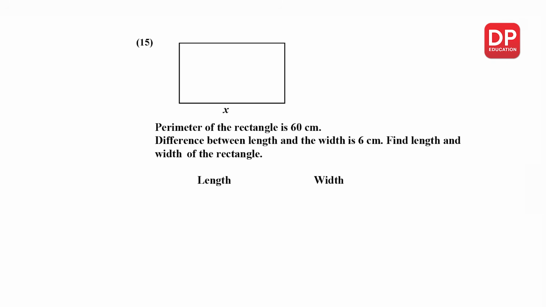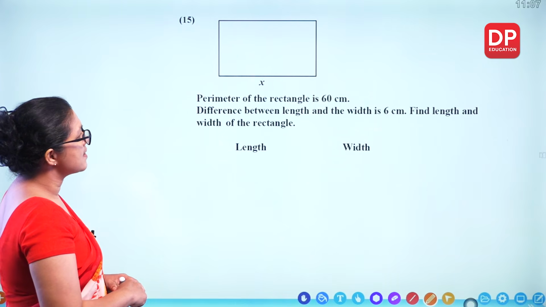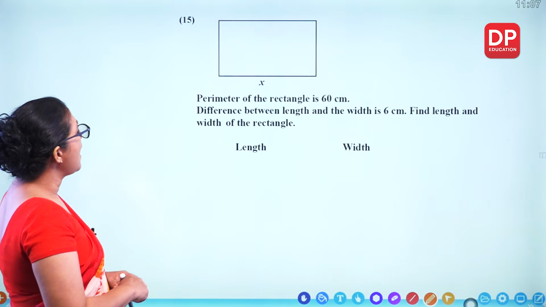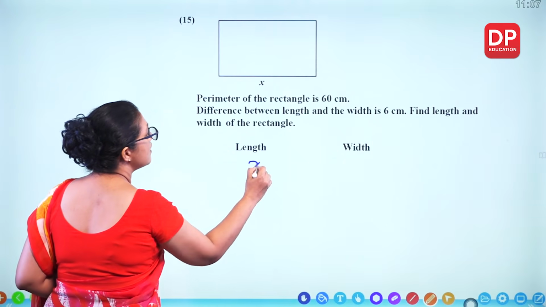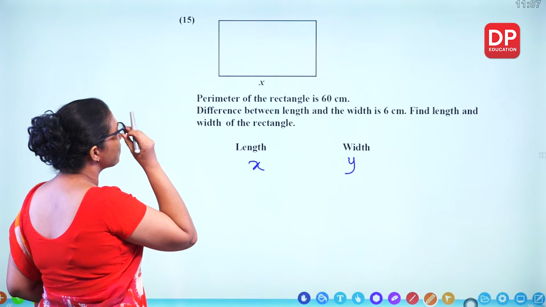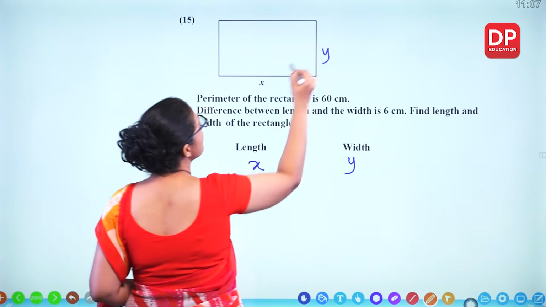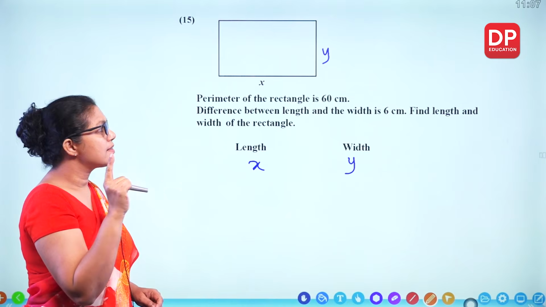Look at this question. The perimeter of the rectangle is 60. The difference between length and width is 6. Find the length and width of the rectangle. So we'll take x as the length, y as the width. Then the perimeter is 60.